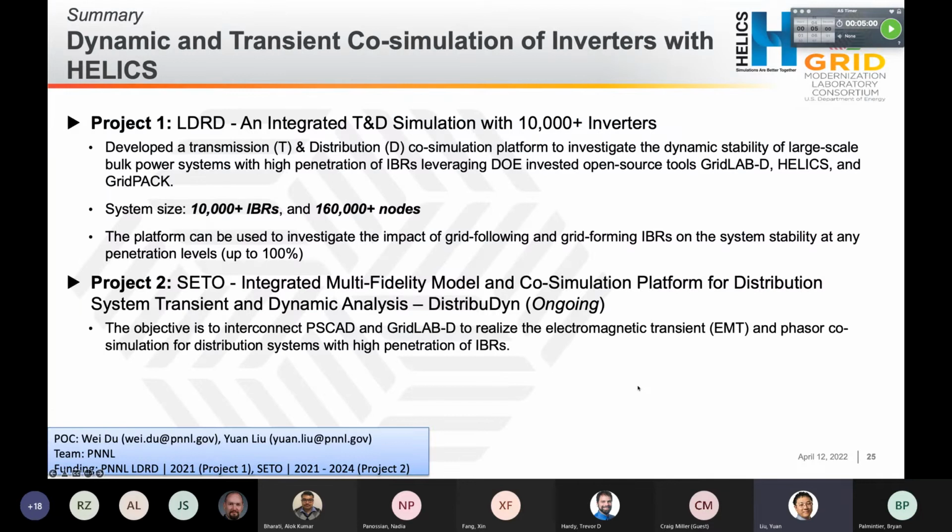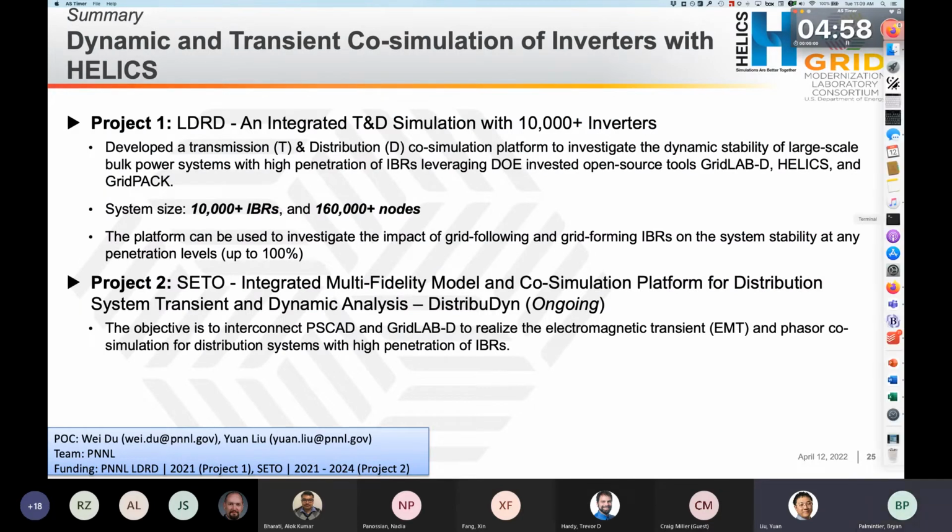The first project was sponsored by PNNL's LDRD initiatives. In this project, we constructed a transmission and distribution co-simulation platform that can support more than 10,000 inverters. We leverage the DOE-funded open source tools GridLAB-D, HELICS, and GridPACK, interconnecting GridPACK and GridLAB-D through HELICS.